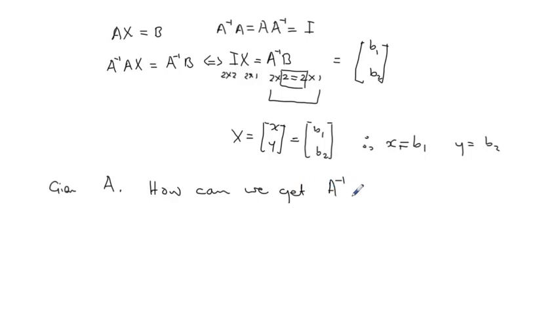Altogether, all that we're going to discuss from now onwards, we want to make sense. For example, we're starting with the simplest matrix, 2 by 2. We want to make sense of how, given a 2 by 2 matrix, you can get its inverse.